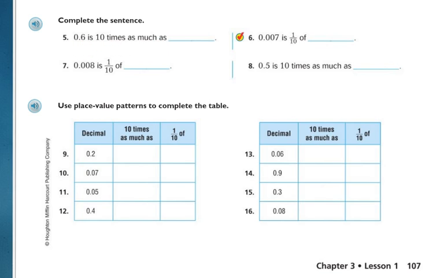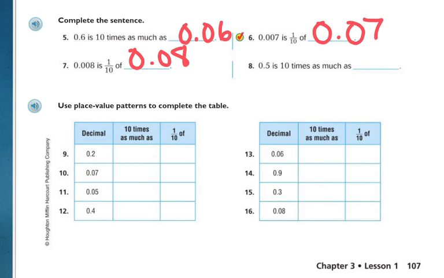Okay, let's complete the sentence. 6/10 is 10 times as much as, remember, you're just moving the decimal point over. So you're going to say 0.06, okay? On this one, I have 8 thousandths is 1/10 as much of. Remember, you're just moving the decimal point over. So this is going to be 8 hundredths. So on this one, I have 0.07 is 1/10 of.